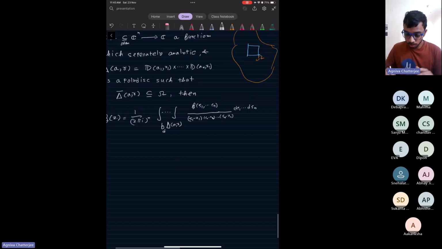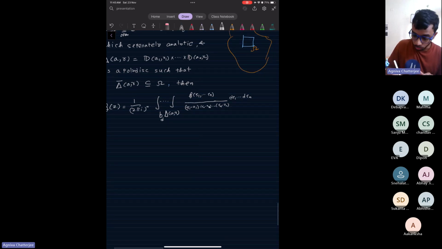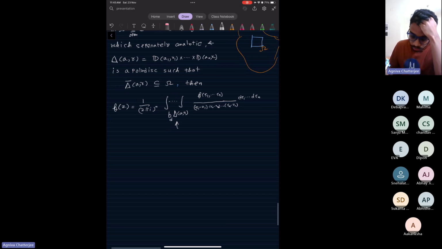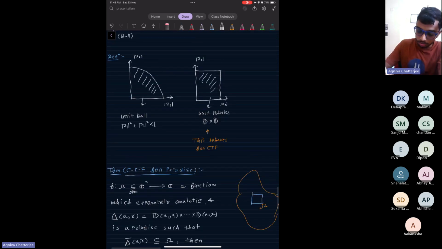So what is this integral? What I'm actually integrating over is not the boundary of the polydisk, by the way. Going back to the picture of the polydisk, the boundary is this whole blue portion. What I'm integrating over is a torus, which is just this thing. This point is |z1| equal to 1 and |z2| equal to 1.